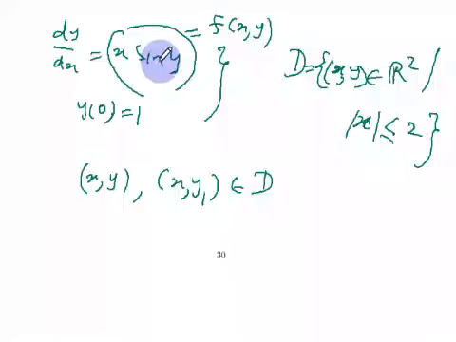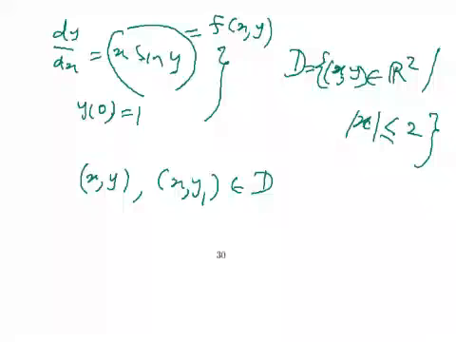So the solution is unique. Let's take any two points in the domain. If you want to show this is Lipschitz, I think you can prove that it is enough to show the derivative of f with respect to y is bounded on this domain.